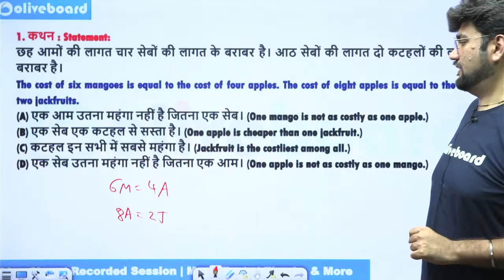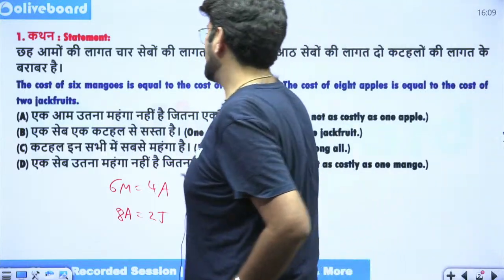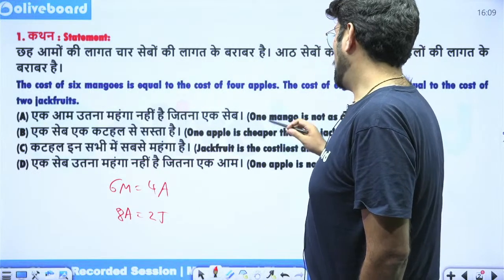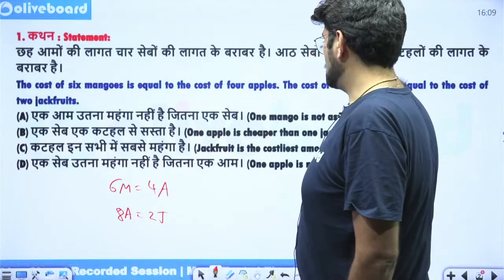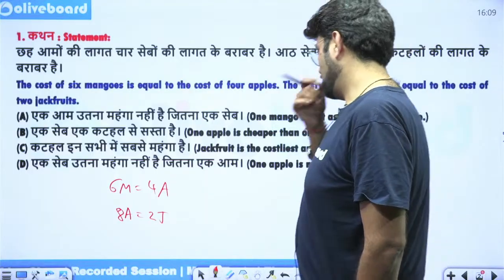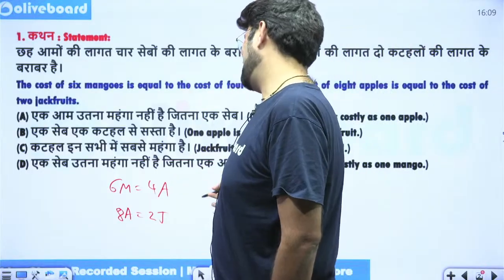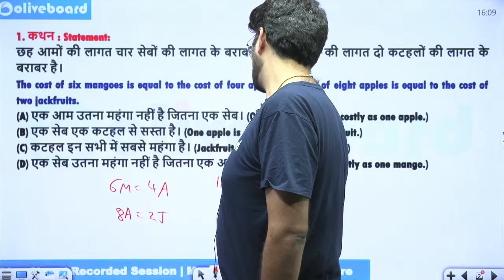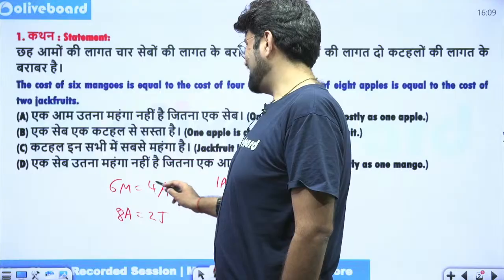So they'll rectify it. Now they're asking us, one mango is not as costly as one apple. One apple is cheaper than one jackfruit. Jackfruit is the costliest among all. One apple is not as costly as one mango. Now if I assume the cost of, let's say, one apple to be 1, what can I know here?